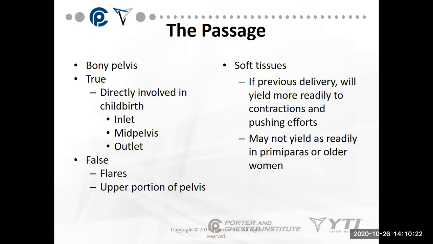Your book gives a wonderful picture of how a longitudinal lie looks. Then you have the transverse lie, in which the baby is basically lying across, head on one side, like you're cradling the baby.